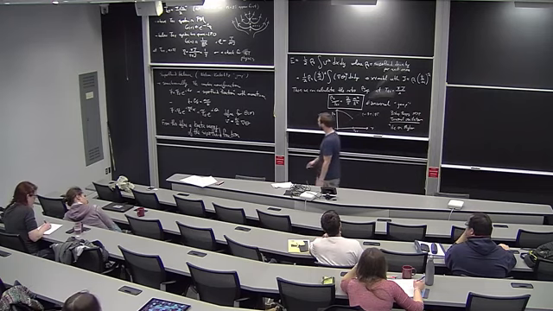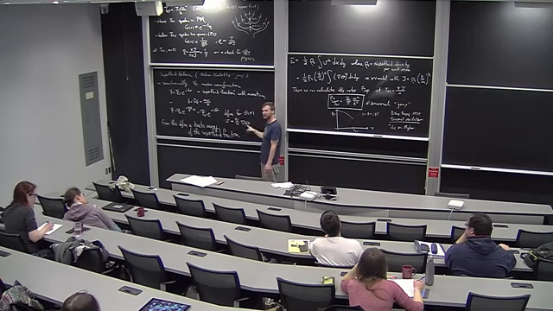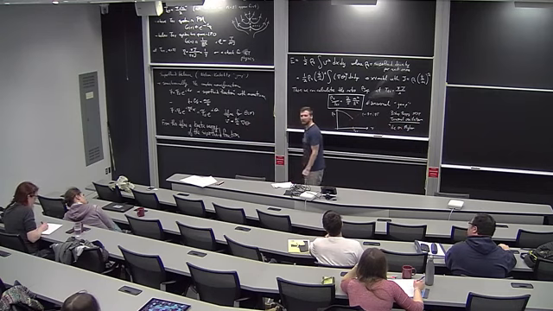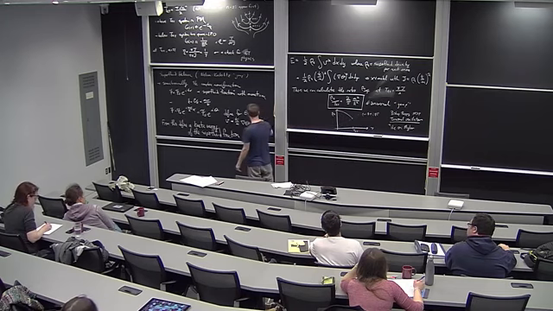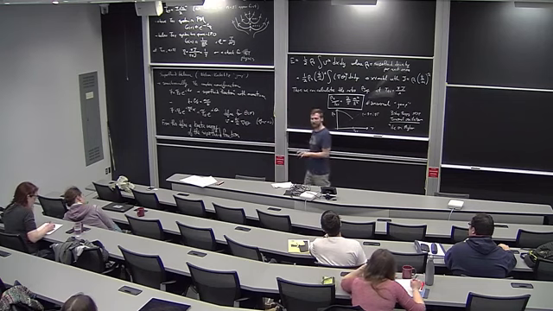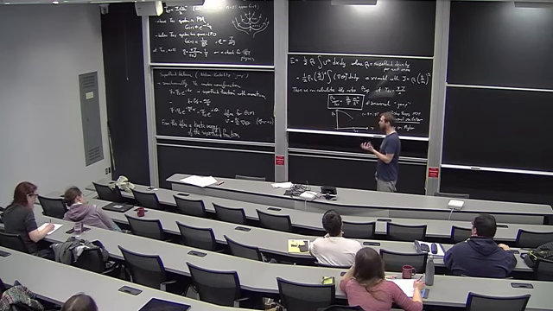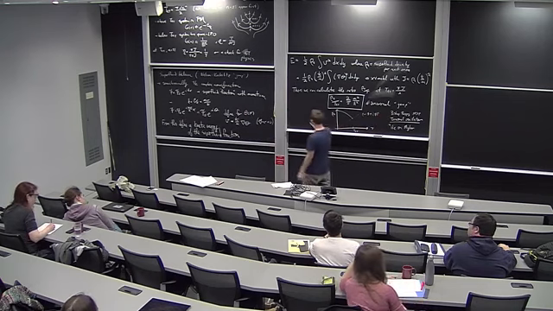So because the superfluid velocity is grad theta, then the curl is 0. Right? And because of that, part of your flow becomes irrotational.